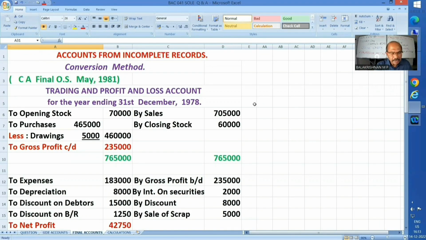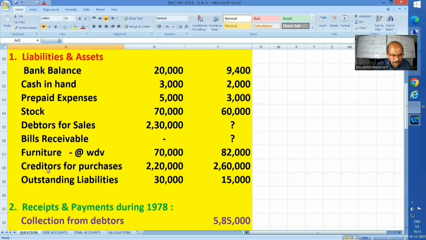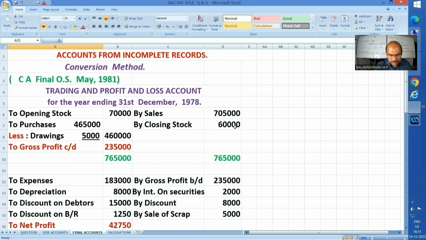Now let us take up the preparation of final accounts. So the trading and profit and loss account for the year ending 31st December 1978. Opening stock, closing stock, everything as it is given in the question. 70,000 and 60,000.